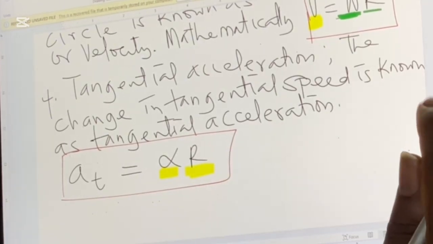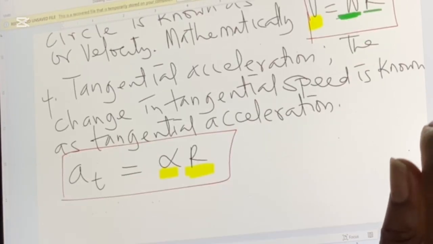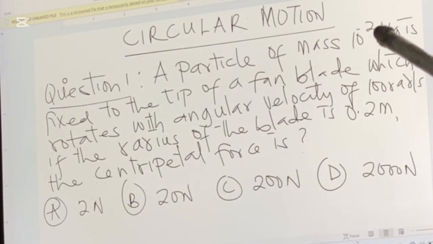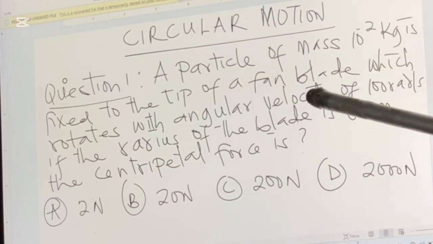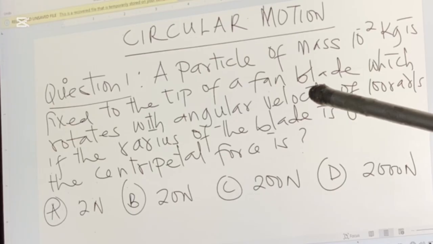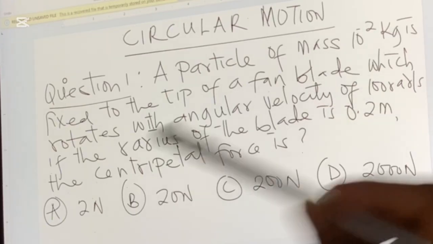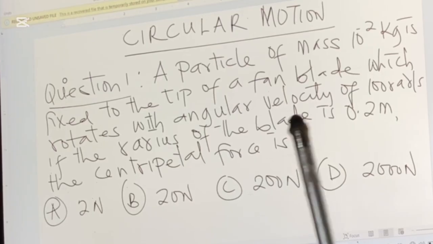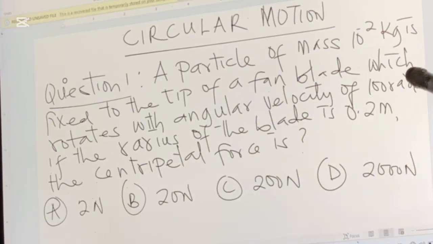Class, so let's solve question 1 here. But before we solve this question, class, let's understand the equation properly. When they said a particle of mass 10 raised to the power minus 2 kg is fixed to the tip of a fan blade which rotates with angular velocity of 100 rad per second.